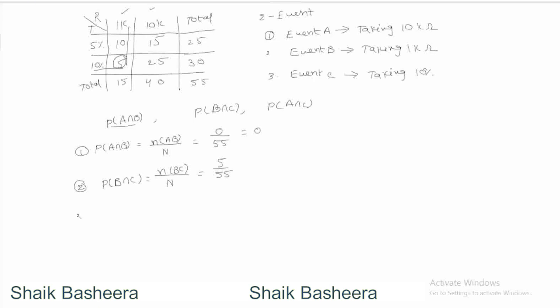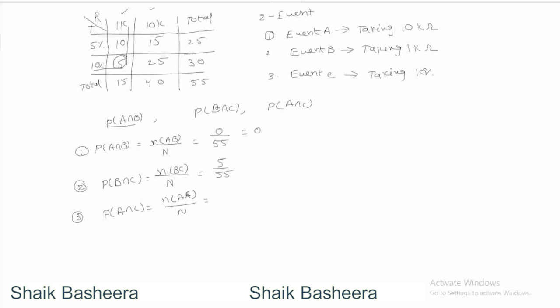Coming to the third one, the probability of A intersection C. It is the number of resistors having the mutual information of AC out of the total number of samples.